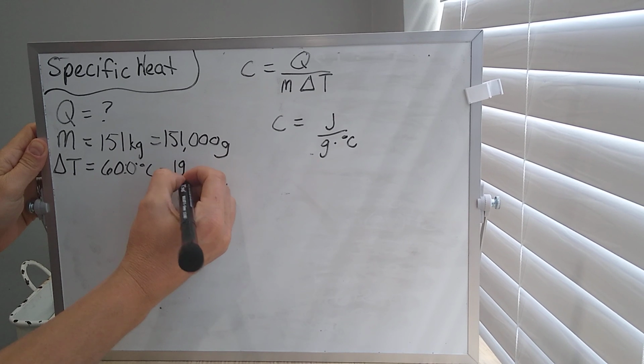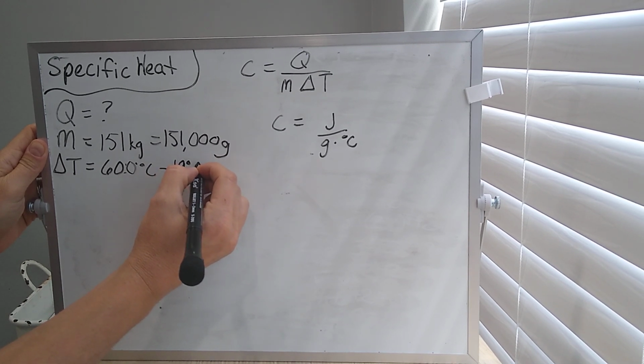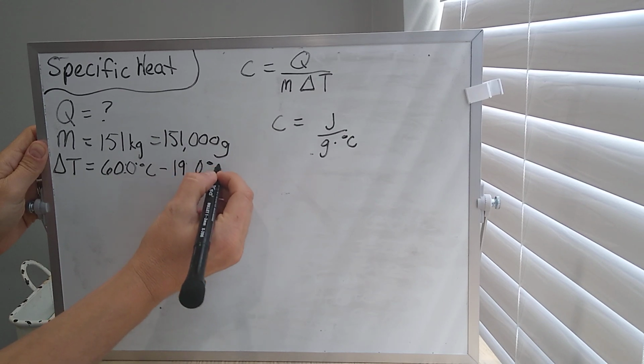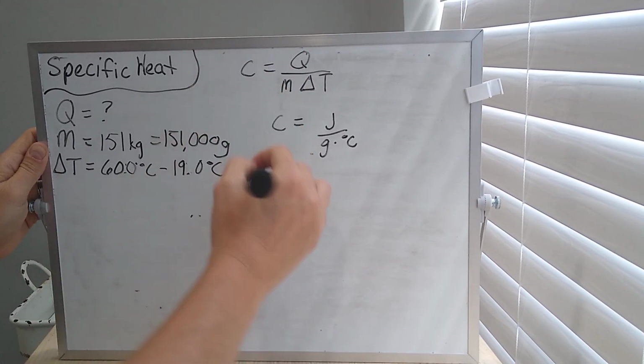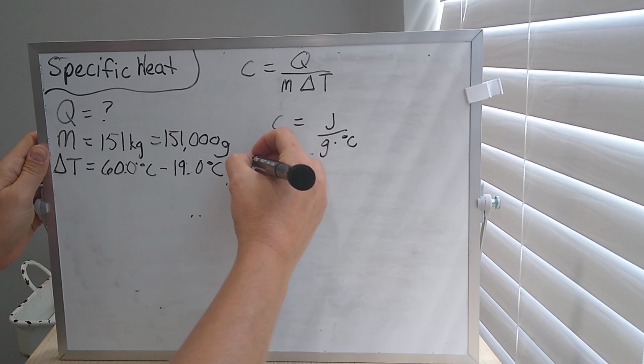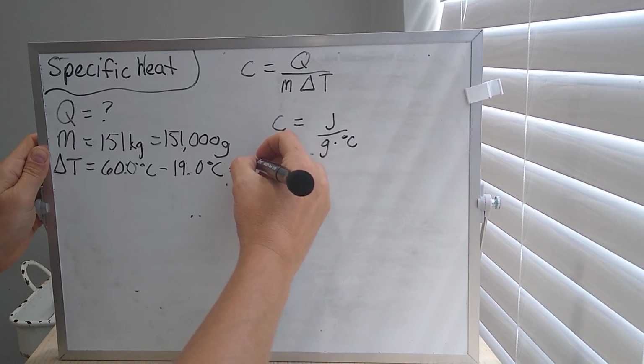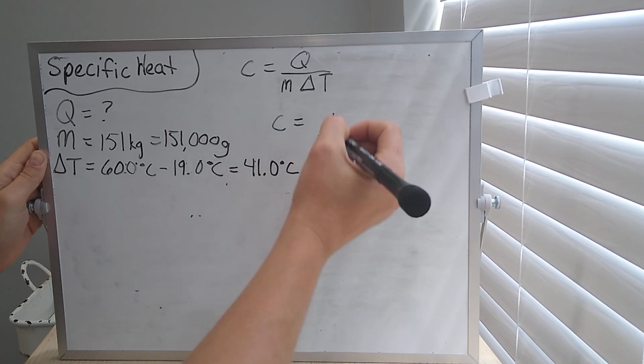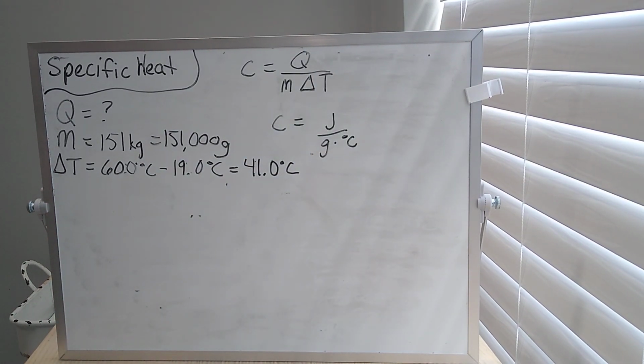Minus 19 degrees, because that is our initial. 19.0 degrees Celsius. So 60 minus 19, keeping sig figs, is 41.0 degrees Celsius.